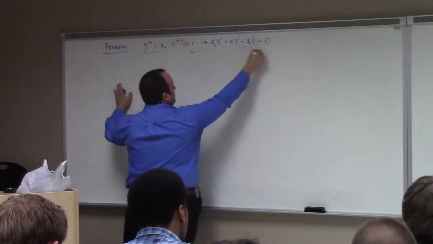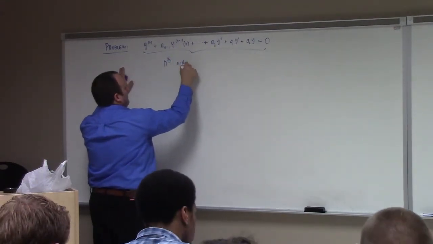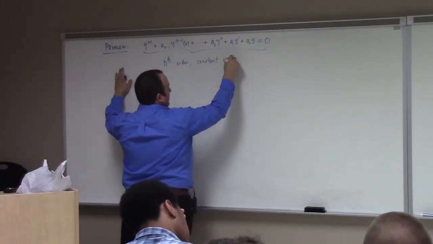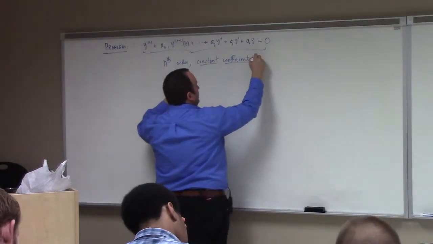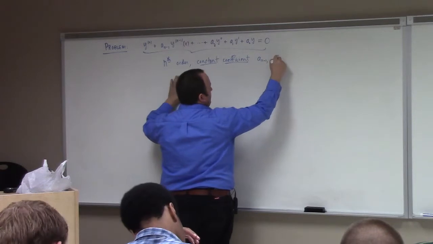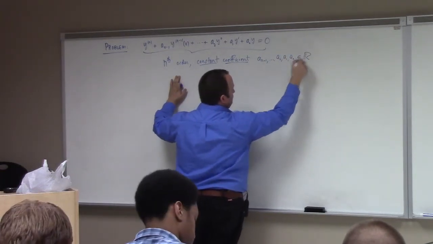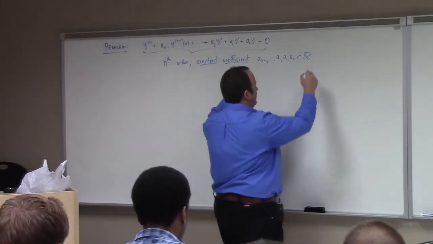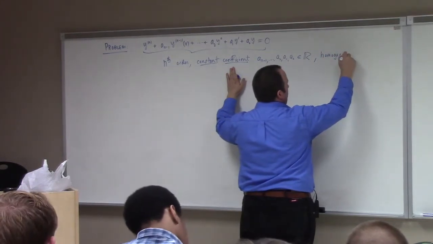So this is known as the nth order constant coefficient. Let me tell you a little bit more about that. Constant coefficient, here I'm assuming that a_{n-1} all the way on down to a_2, a_1, and a_0, these are real numbers. Nth order, constant coefficient, homogeneous ODE.